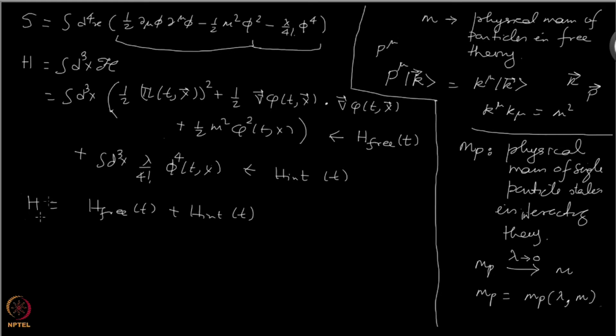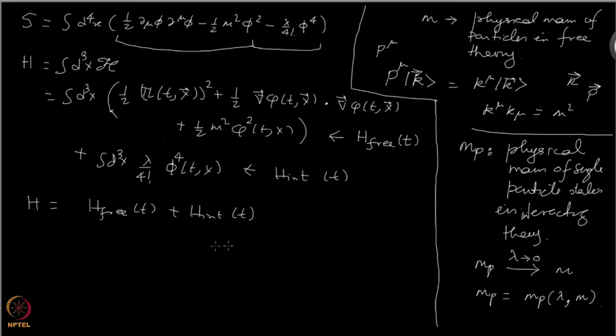But the individual parts will depend on time, because H free of t is not following from a symmetry principle, it is not a conserved charge. Similarly, H interaction is not a conserved charge, so it will not be time independent. But of course, the sum of these two, the full Hamiltonian, will be time independent.